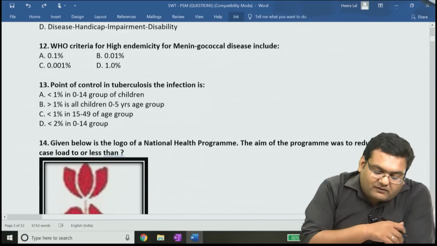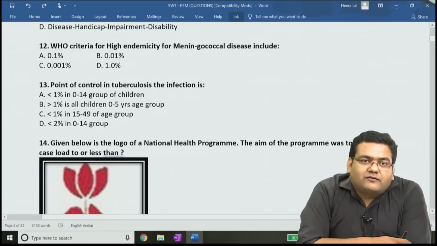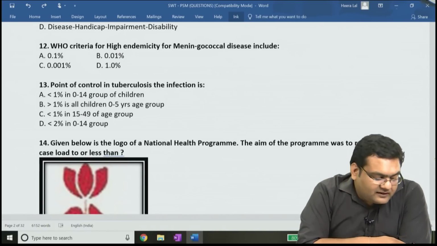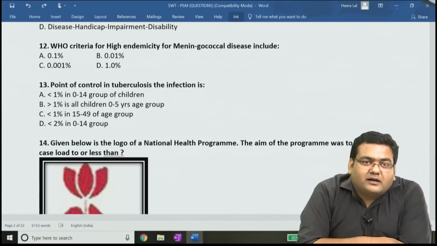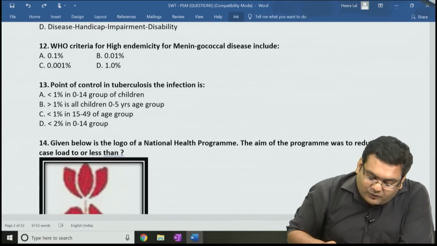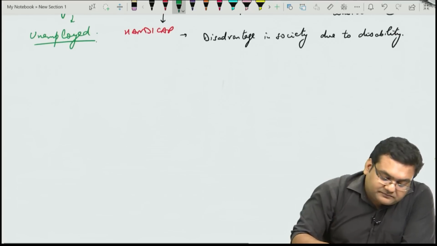Question number 12. WHO criteria for high endemicity of meningococcal disease. Friends, again a factual question. The correct answer is option B, that is 0.01%.